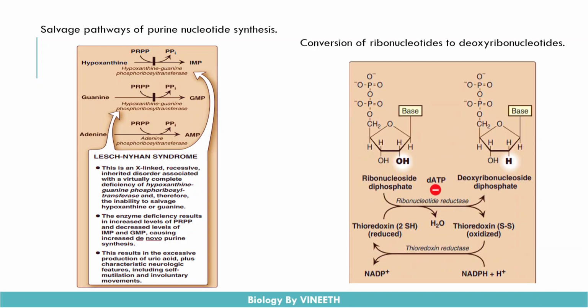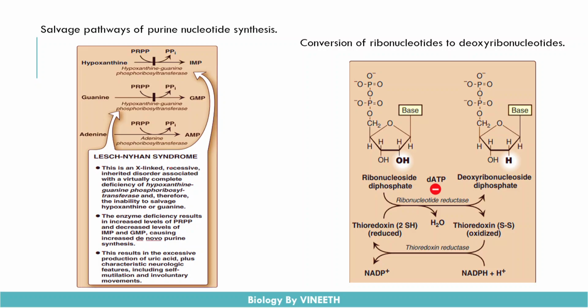And then, conversion of the formed ribonucleotides into deoxyribonucleotides. One major problem for the cell is to convert ribonucleotides into deoxyribonucleotides. To incorporate the nucleotides into the DNA strand, we require deoxyribonucleotides. Ribonucleotides are not involved in the formation of DNA. To convert these, a special system is involved, known as the thioredoxin system.